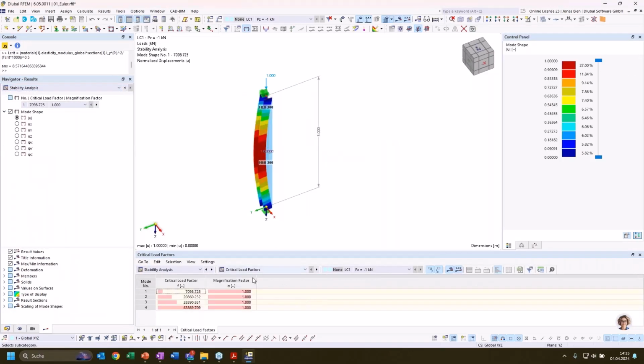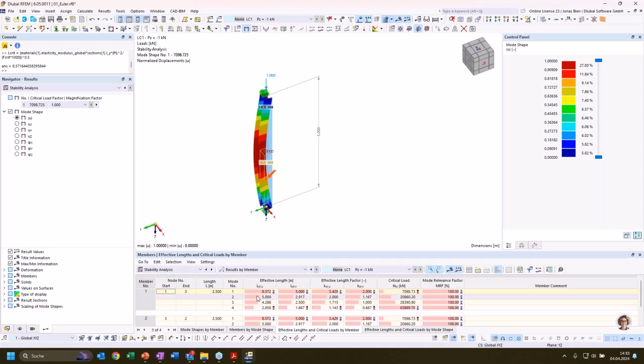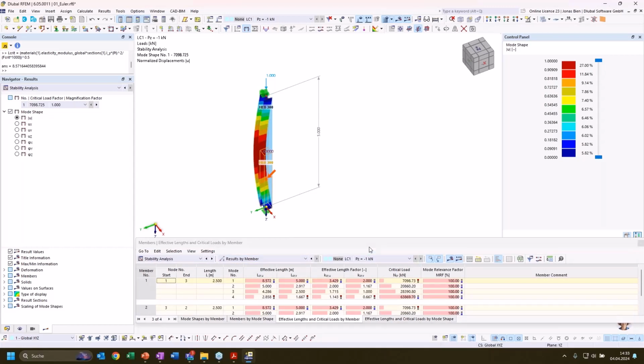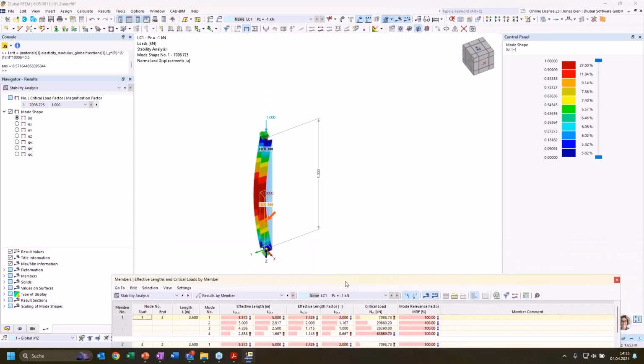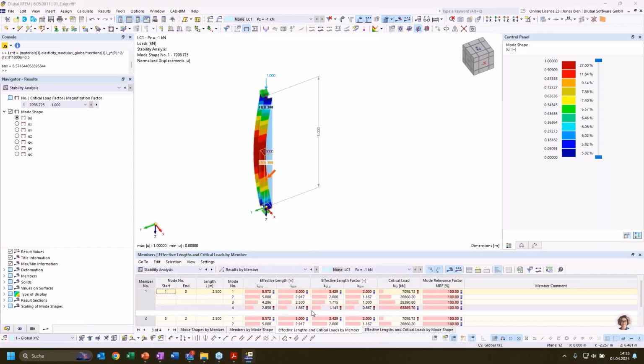Let's see. The critical load factor is still the same as if we wouldn't have divided this column. And now the buckling length, or the effective length of our members, is also the same.